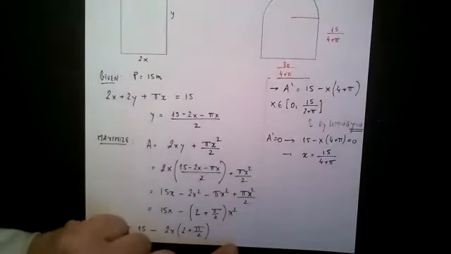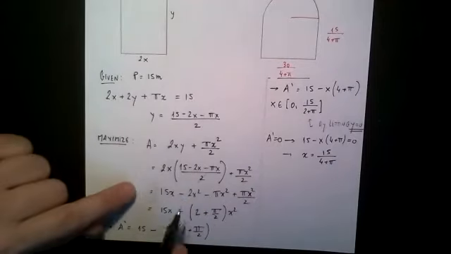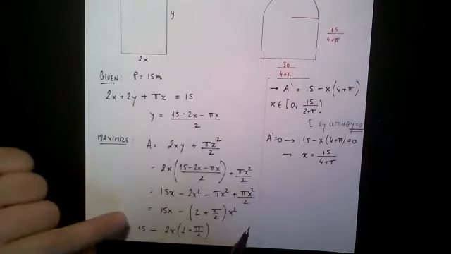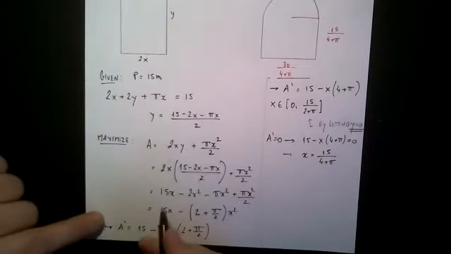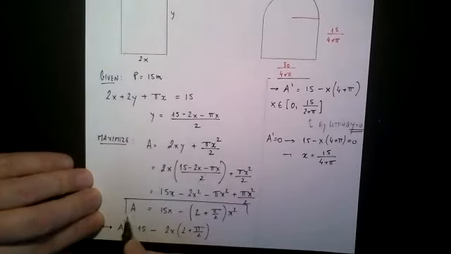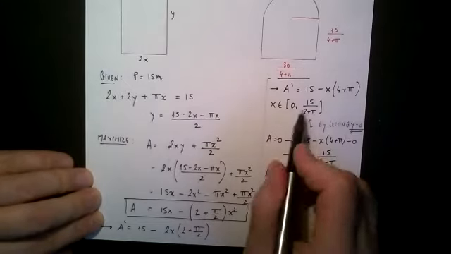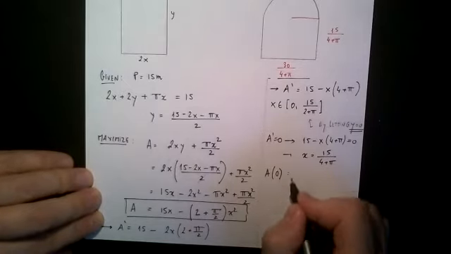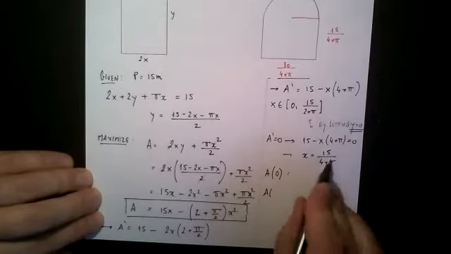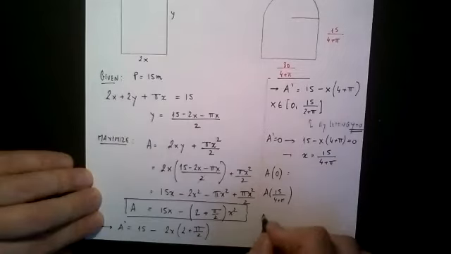So I need now to evaluate the area. The area is right here. Add the three values: A of 0, A of 15 over 4 plus pi, and then A of 15 over 2 plus pi.